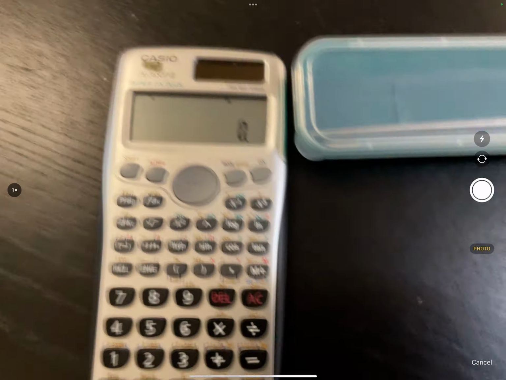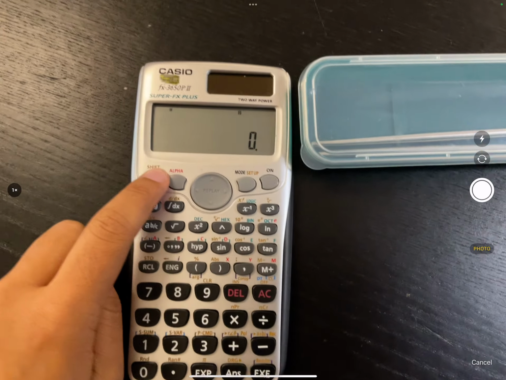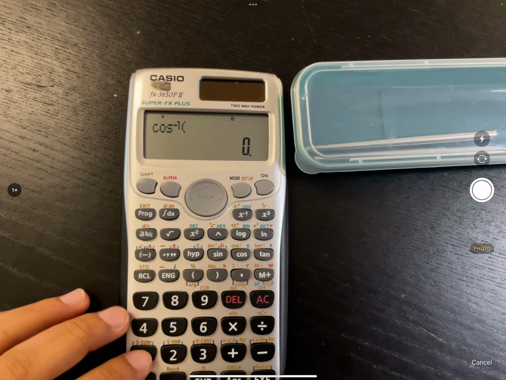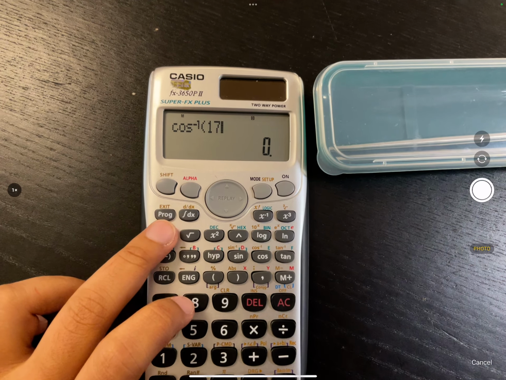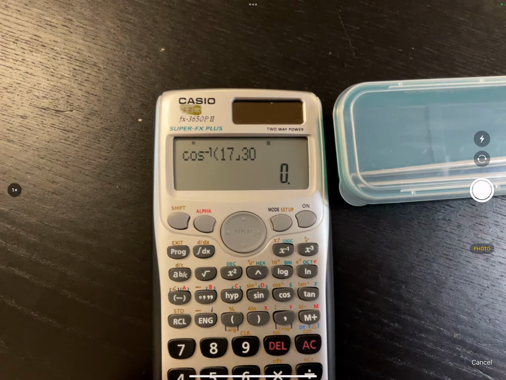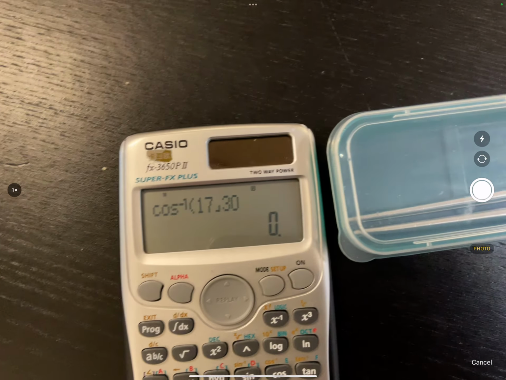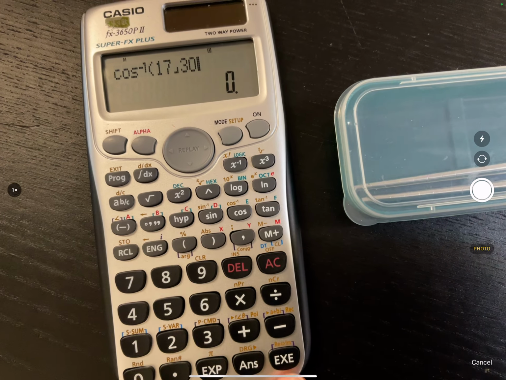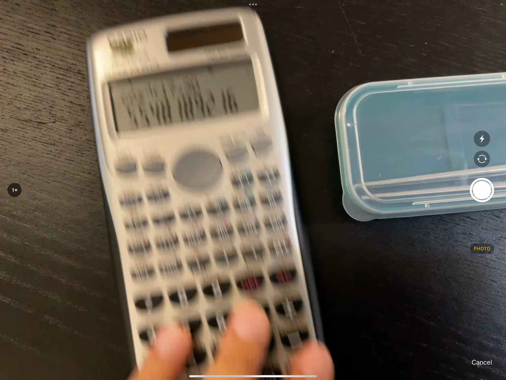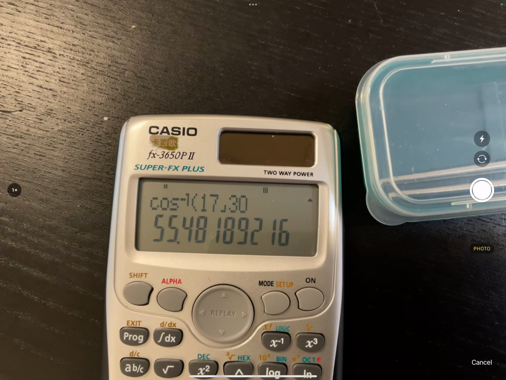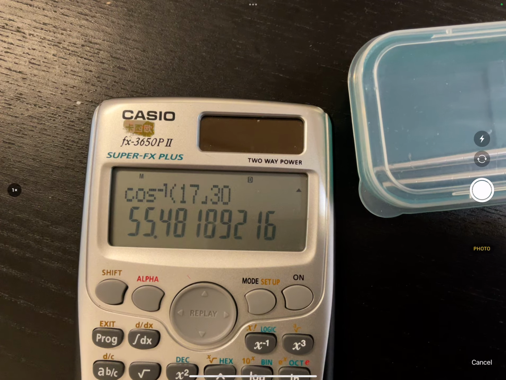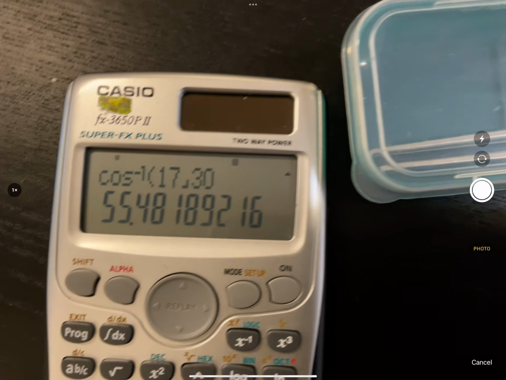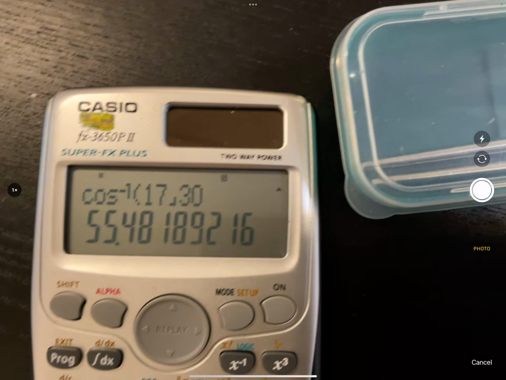Where's the camera? Here. So you click shift cosine 17 over 30. Was it the question? I forgot actually. So shift cosine whatever you have, click execute, and that should be your answer, 55.5, because you need to round only to 3 sig fig.